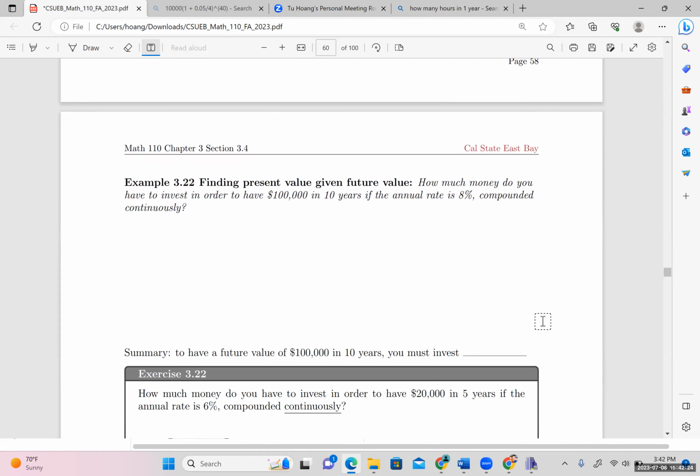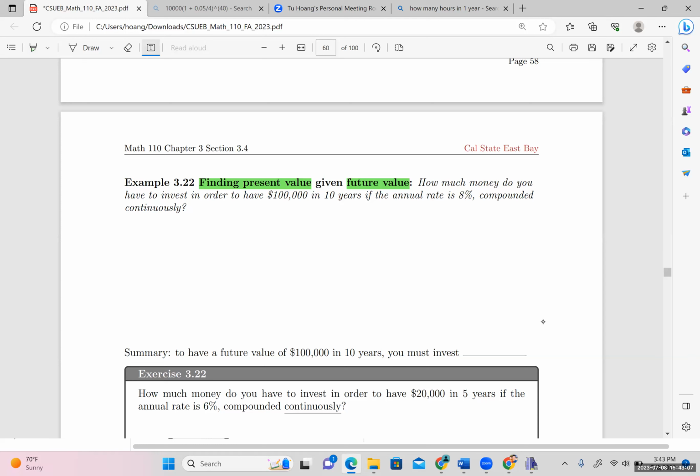All right. Sometimes we are given the case of finding the present value given the future value, like we did in simple interest. So, for example, how much money do you have to invest in order to have 100,000 in 10 years?